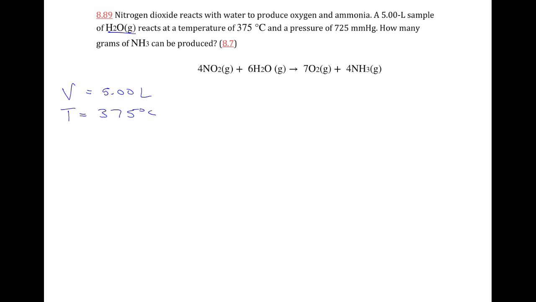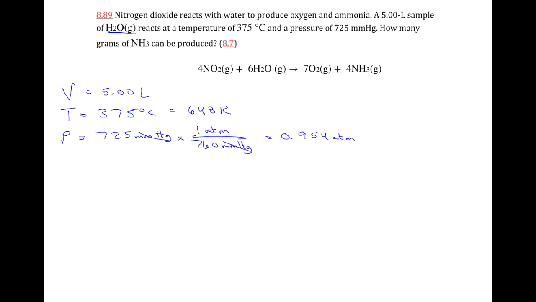If I convert that into Kelvin, I add 273 and I get 648 K. Then the pressure is 725 millimeters of mercury. I'm just going to go ahead and convert that into atmospheres using the conversion factor of 1 atmosphere is equal to 760 millimeters of mercury, and I get 0.954 atmospheres.